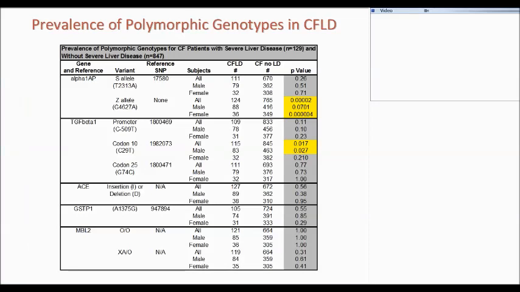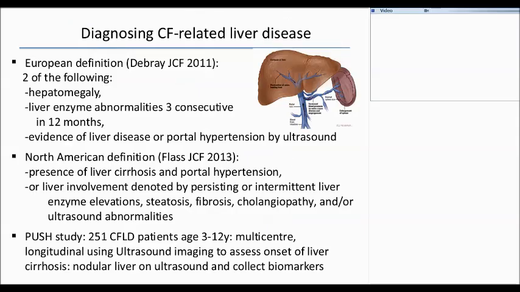And because this group was interested in looking for modifier genes, they used that group and found that having a Z allele in the alpha-1 antitrypsin gene, which itself in a homozygous status causes progressive liver disease, was a risk factor. Similarly, they found a gene variant, a SNP, in TGF-beta that would be associated with an increased risk of liver disease.